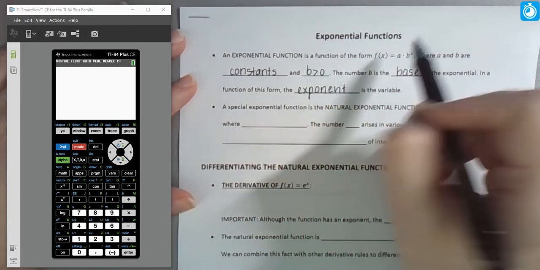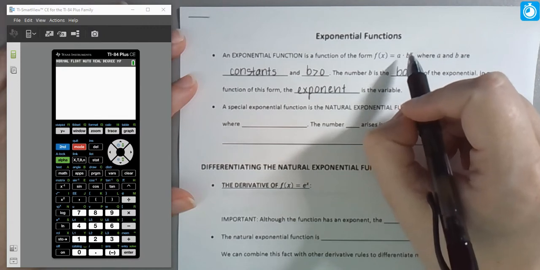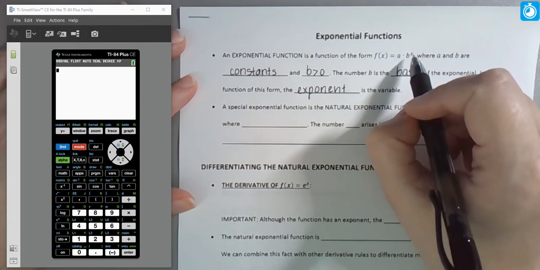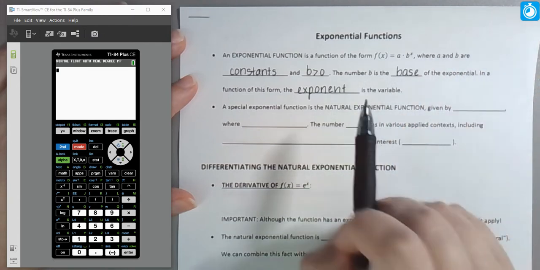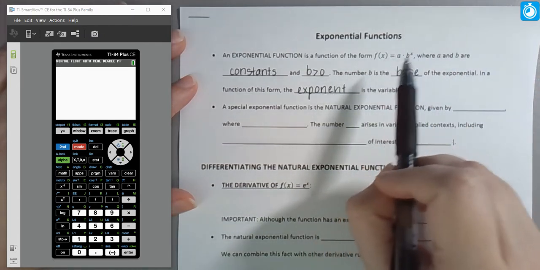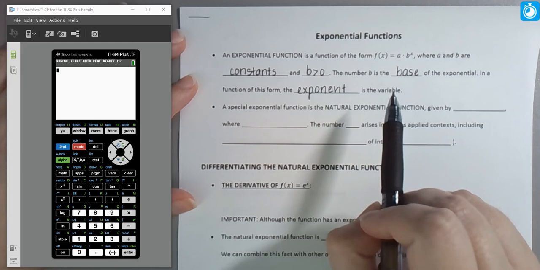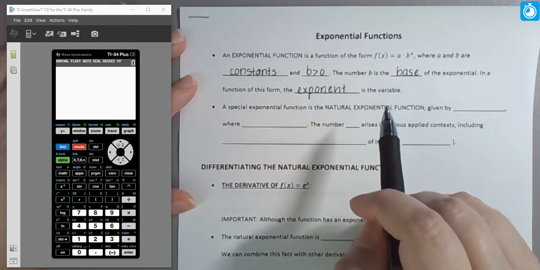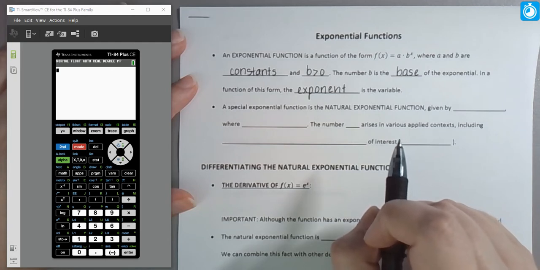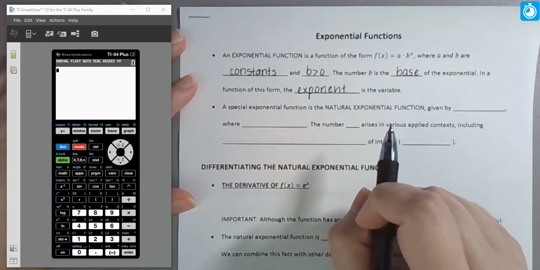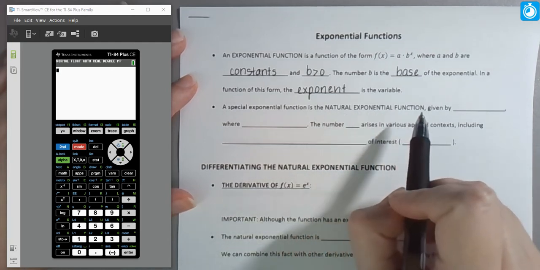In an exponential function, the base, the big number, is the fixed value, and the exponent is where we encounter the variable. So anytime we see an exponent that contains a variable, we're talking about something that is exponential in form.